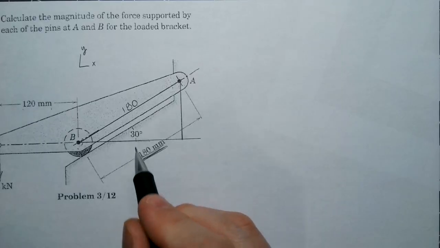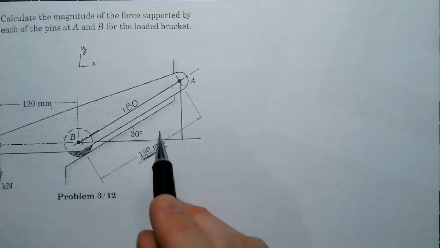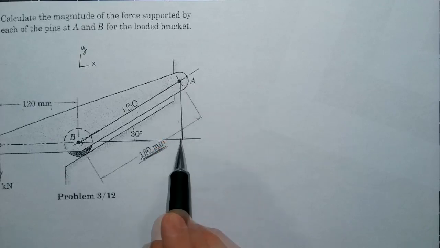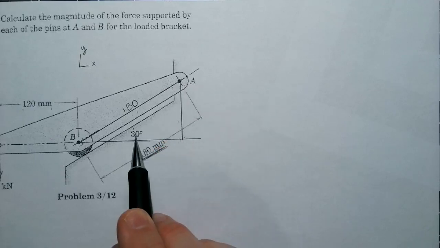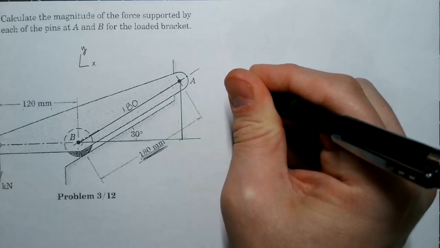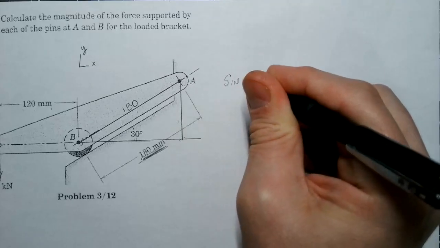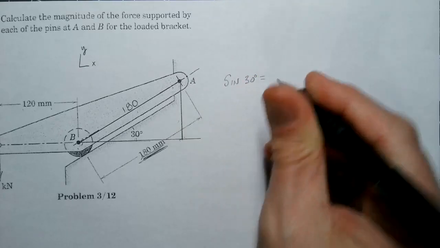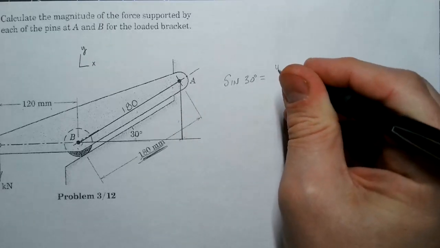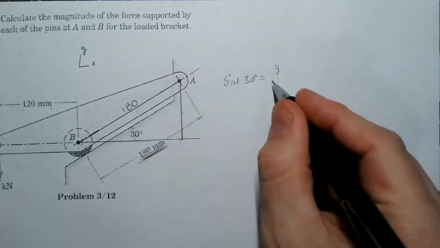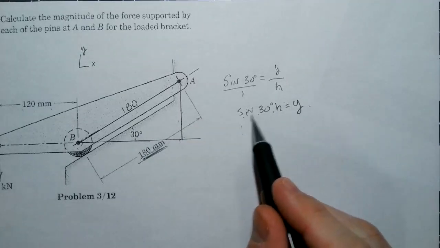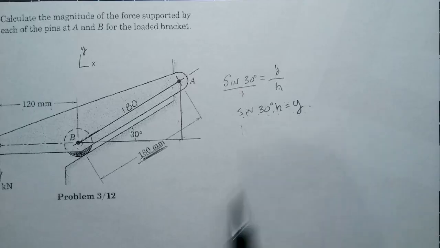Thus, if we look at the 30-degree angle here, we know that the leg out here is the leg opposite the 30-degree angle. Therefore, the sine of 30 is equal to the opposite leg, we'll call that y, over the hypotenuse, we'll call that h. So therefore, we find that sine 30 times h equals y.